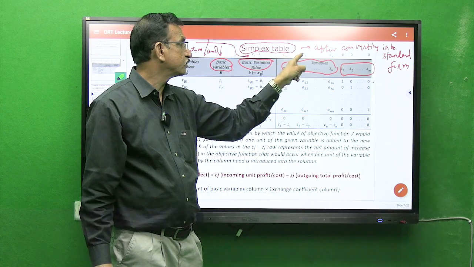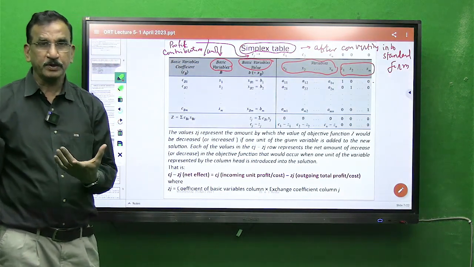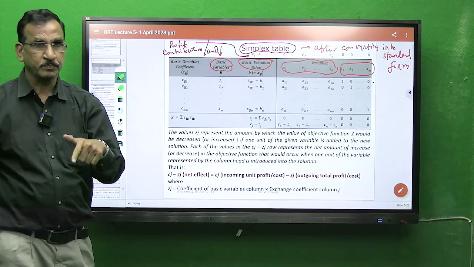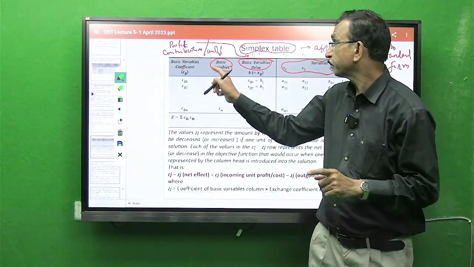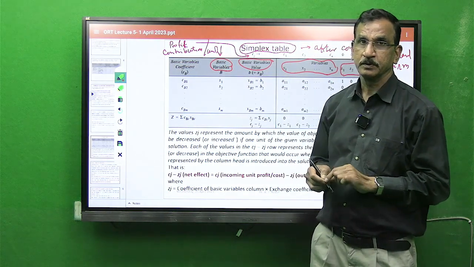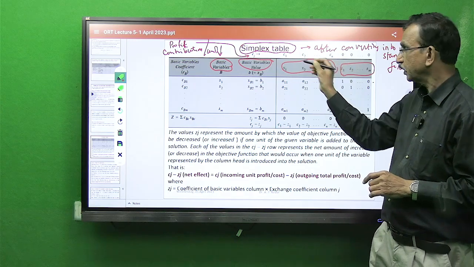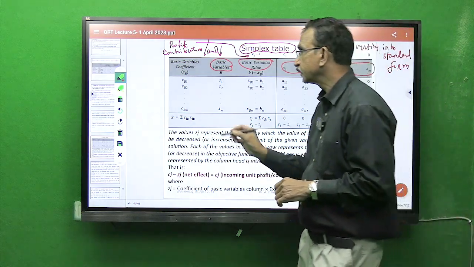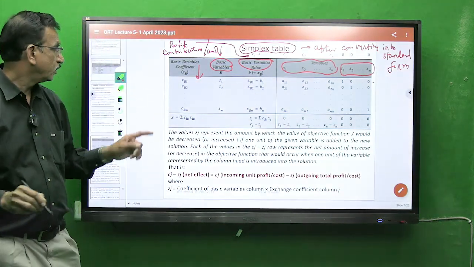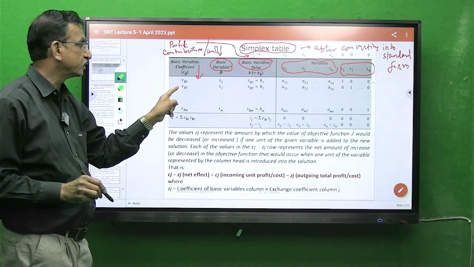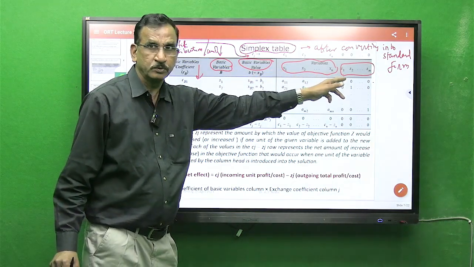These values C1, C2, C3, Cn are the profit or cost values of the decision variables from the objective function that we will be writing here. And here you can see this column, basic variables coefficient. So here we are writing for all the values.